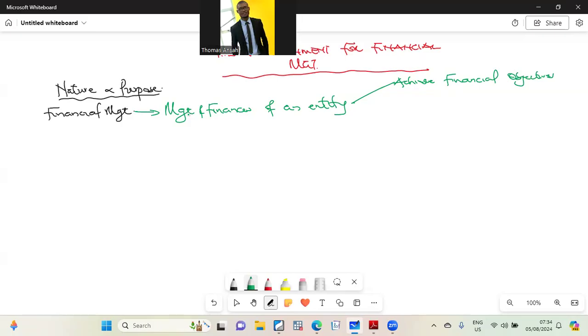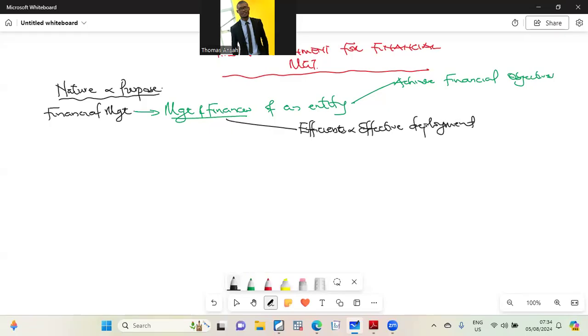Now, in terms of management, we learn that management simply is about getting something and deploying it effectively. So when we talk about financial management, we are talking about efficient and effective deployment.